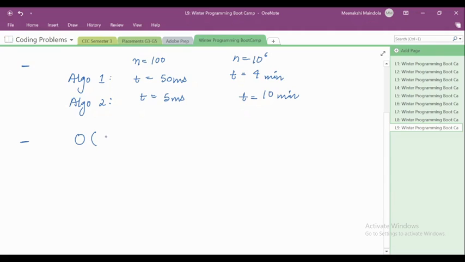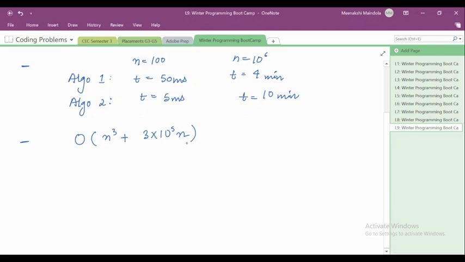Let us say you have created a program, and that program is going to take n cube time for doing a certain part of your project, and let us say it is going to take 3 into 10 to the power 5 n into n units of time for performing another operation.